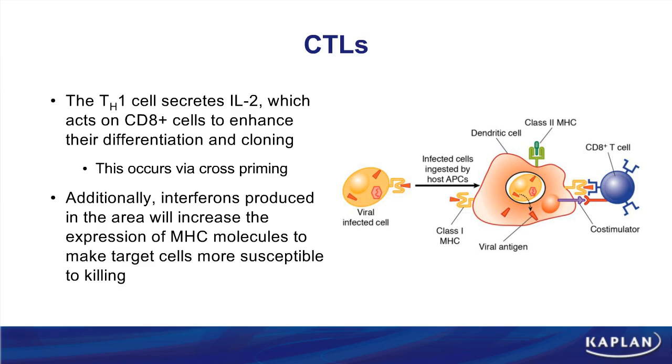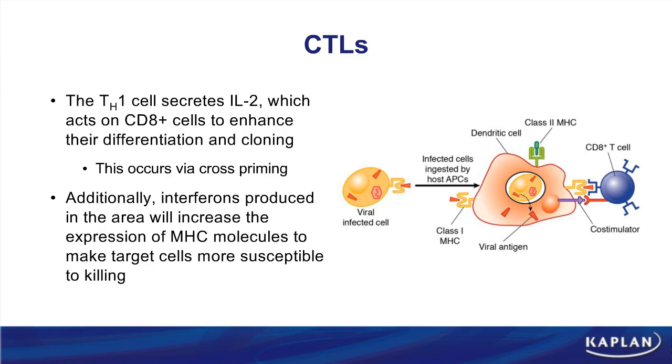So you can have activation of both CD8 positive T cells, and if we drew that in over here, you would actually see a CD4 positive T cell. Now that's going to be important because it's that CD4 positive Th1 cell that is making lots of that IL-2 that is going to help activate that CD8 positive cell to be an effective killer.